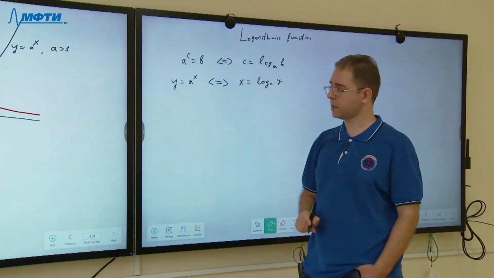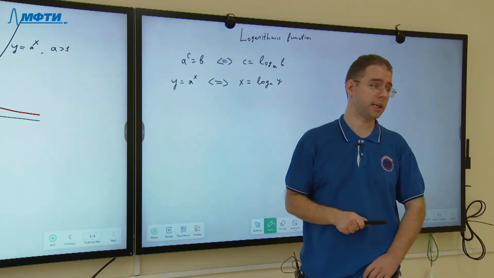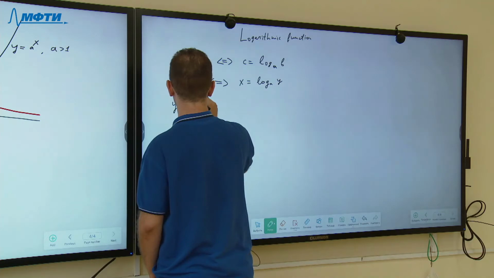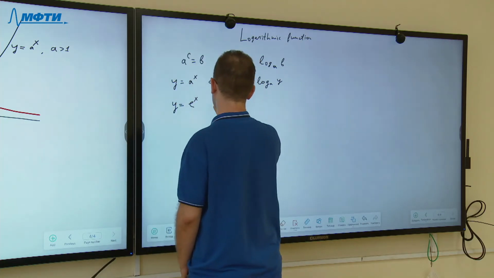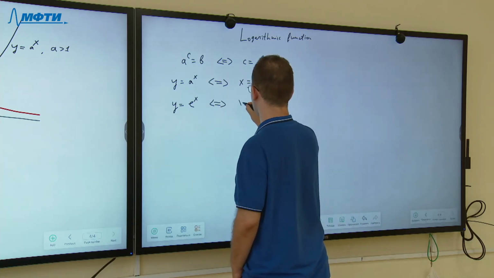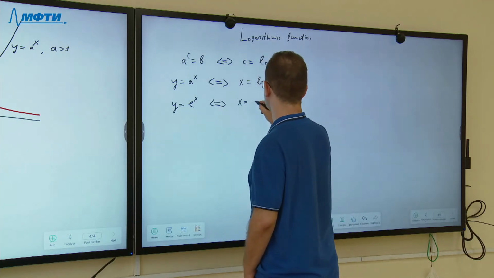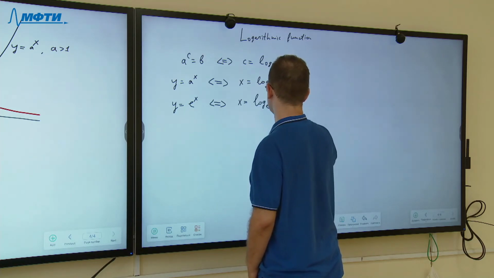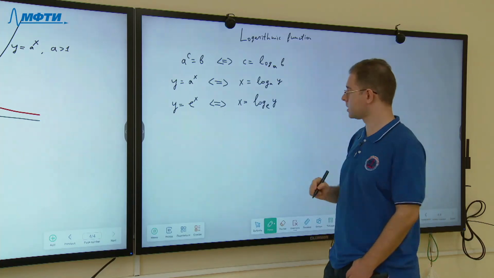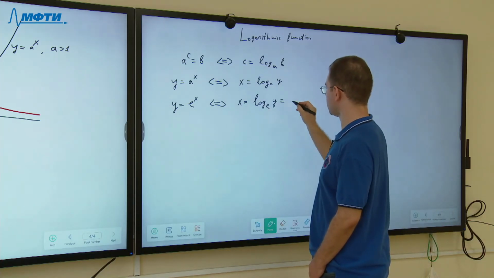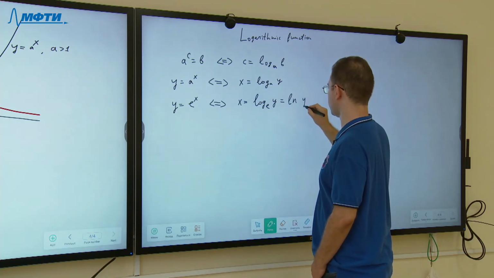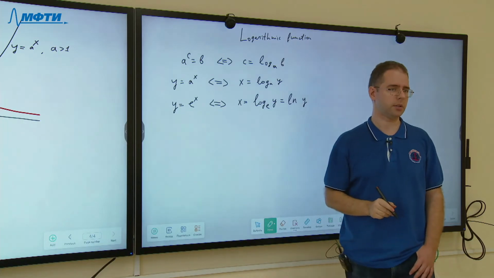And since we have the best exponential function, if y equals e power x, then we have the best logarithmic function, x equals log base e of y. It is such a good function that we gave it its own name, the natural logarithm of y, ln, natural logarithm.